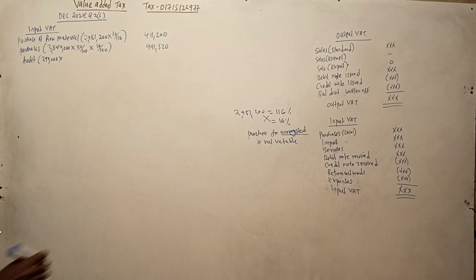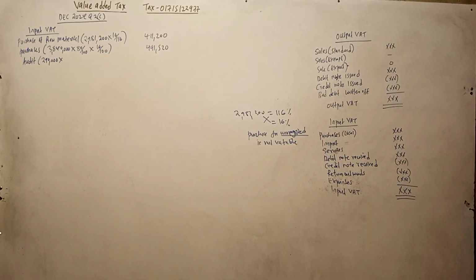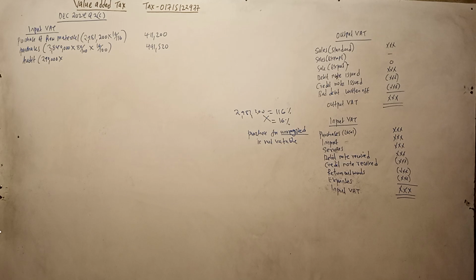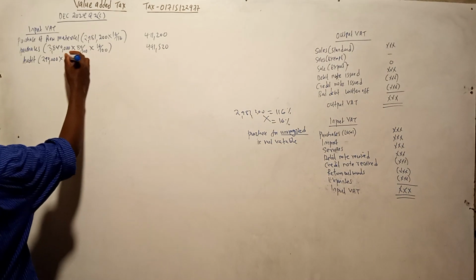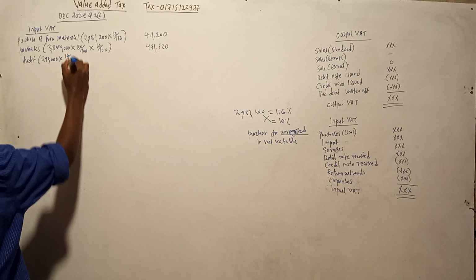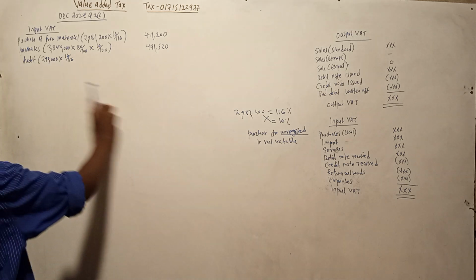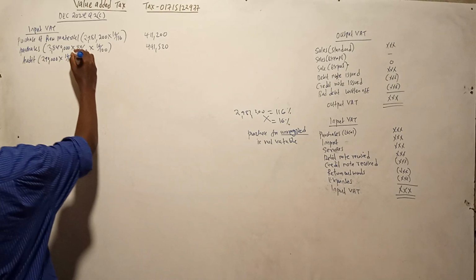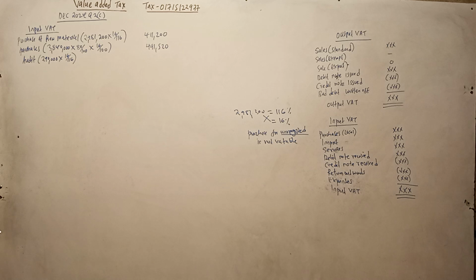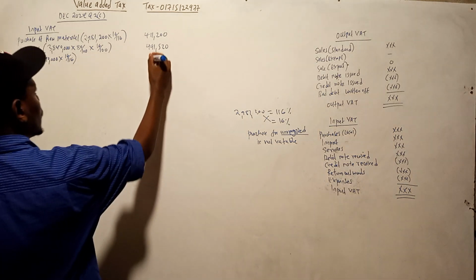So remember, all the transactions were inclusive of VAT. You hajatuambia anything, we know they were all inclusive of VAT. So VAT is included inside, so the 16 over 116. Ama unakuja unasema hapa 290 represent 116. What about 16? Direct. Unaweka hapo. So 290 times 16 over 116, which is 40,000.